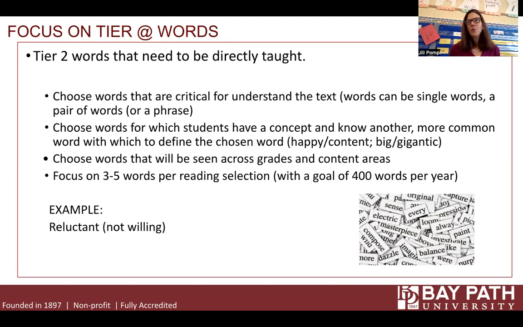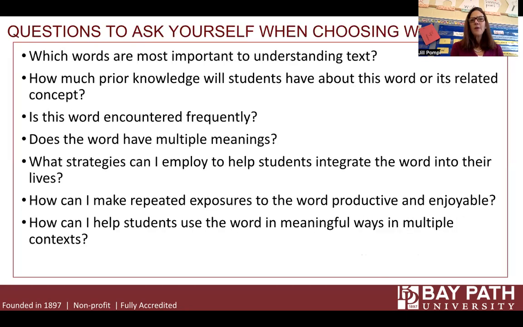Or I might see that word in a science classroom where maybe I'm talking about Einstein being reluctant to give up his theory. Or I might hear that word in an ELA class where we're talking about a character being reluctant to do something. So I know that it's a word that can be attached to a more common word, and that my students will see across content areas through the years.